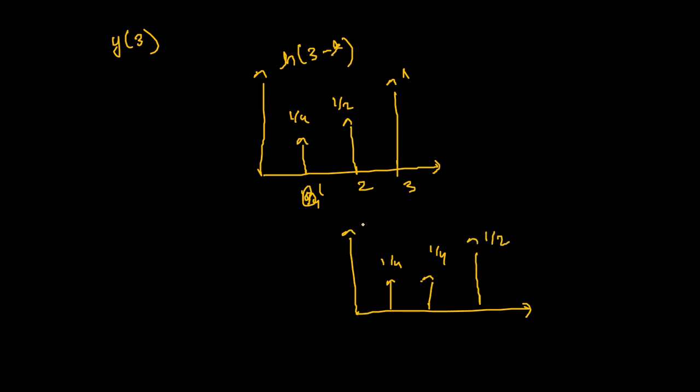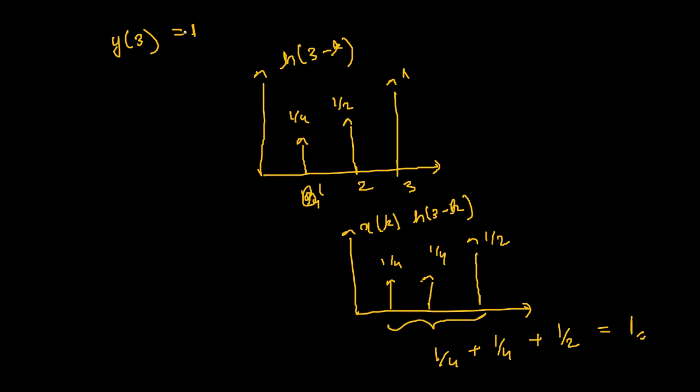So this is the value of x of k into h of 3 minus k. Now again we need to add all of the three signals, which is 1 by 4 plus 1 by 4 plus 1 by 2. So this gives us 1, right? So y of 3 is 1.